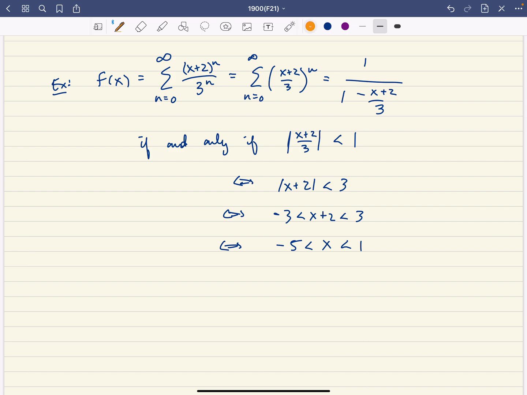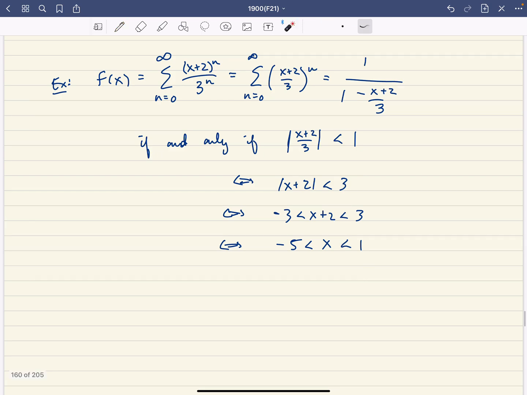So these are exactly the x values where this function converges, and we know one more thing. We know that it converges to 1 over 1 minus the quantity (x + 2)/3, which we could simplify if we want, but I don't care for now.